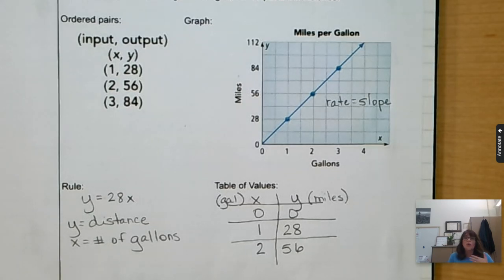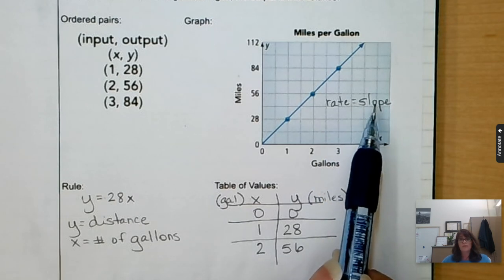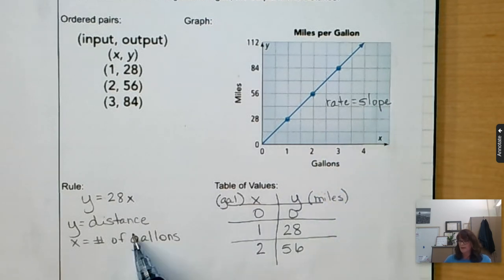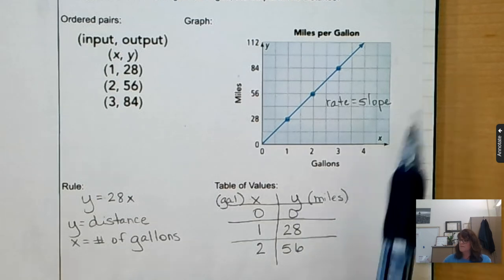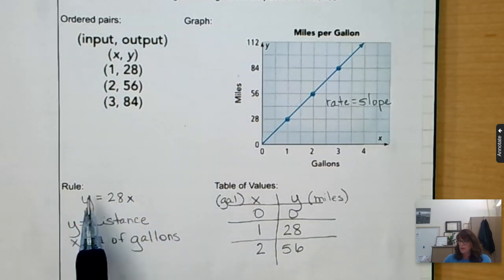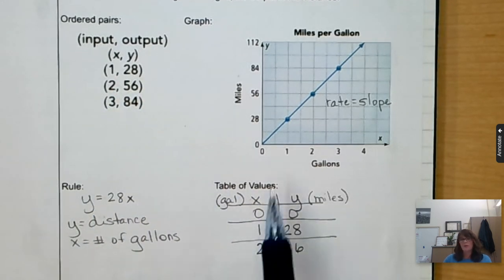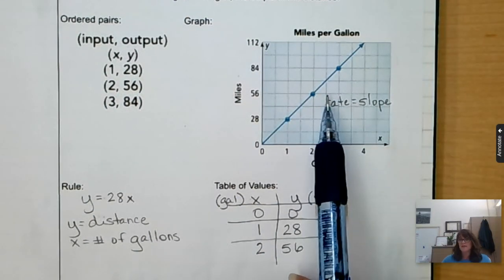So your goal in these lessons is going to be looking for the rule and then applying it, or if you're given a rule, creating maybe coordinate pairs or a table, or in some cases, even a graph.